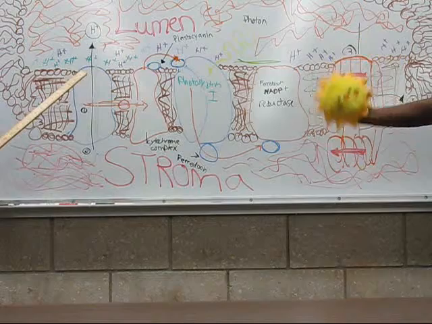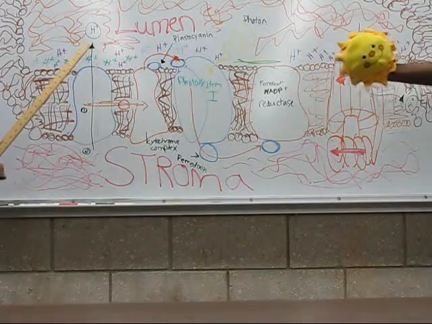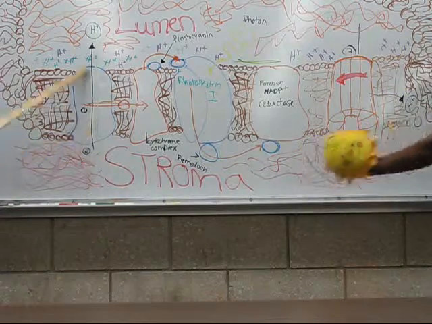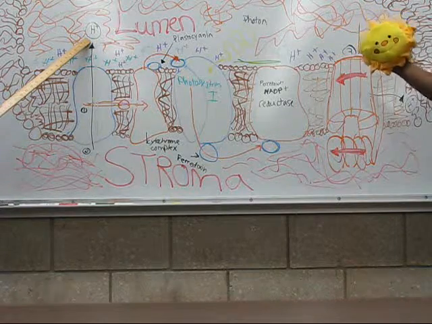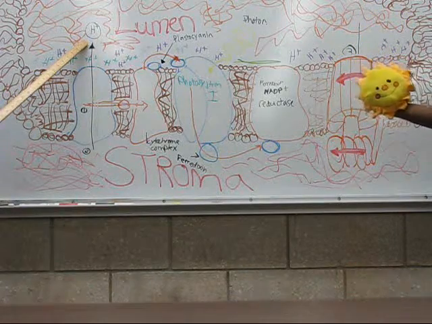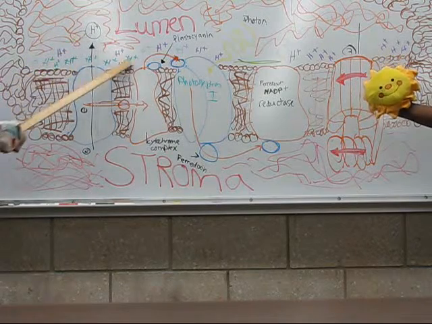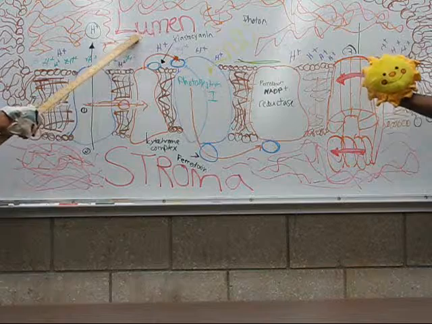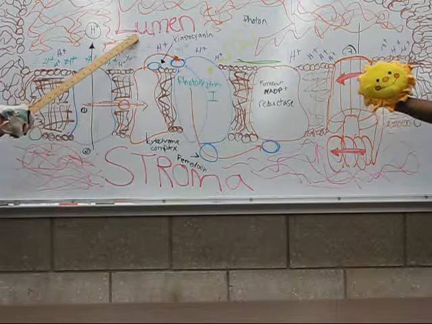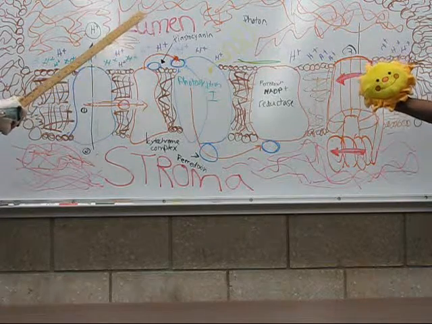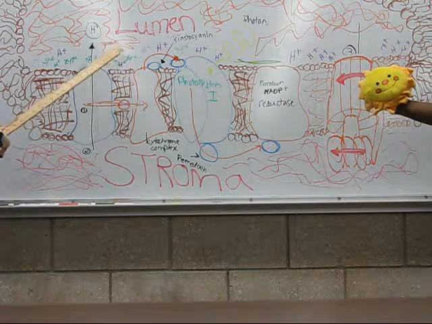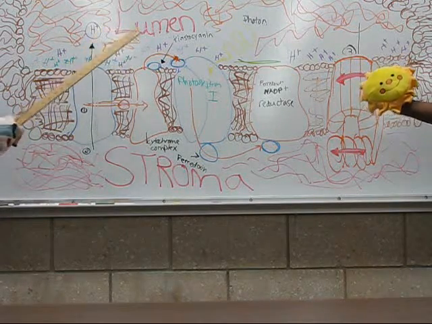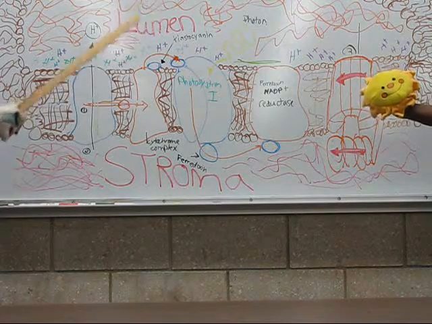Energy released during electron transport is used to transport H plus from the stroma, which would be this part right here, to the thylakoid lumen, where a high concentration, as you can see in the green, purple and blue, of H plus accumulates. H plus are prevented from diffusing back into the stroma, except through special channels in ATP synthase in the thylakoid membrane.